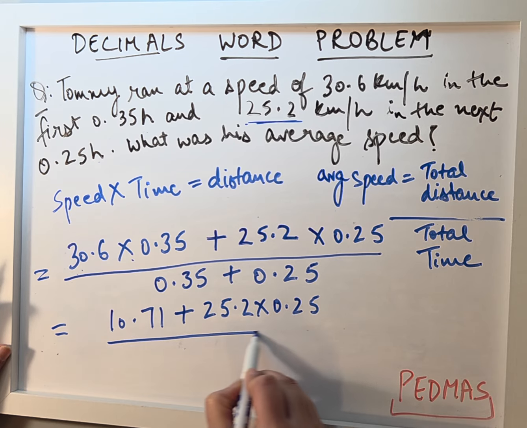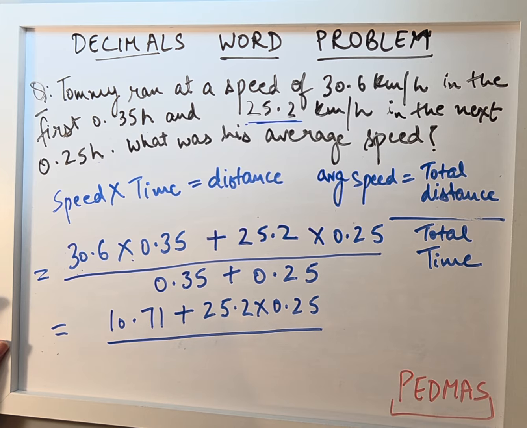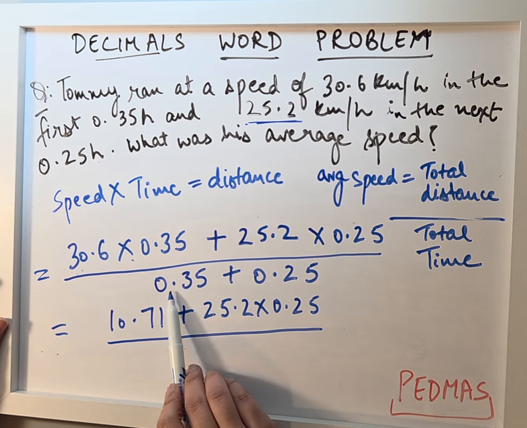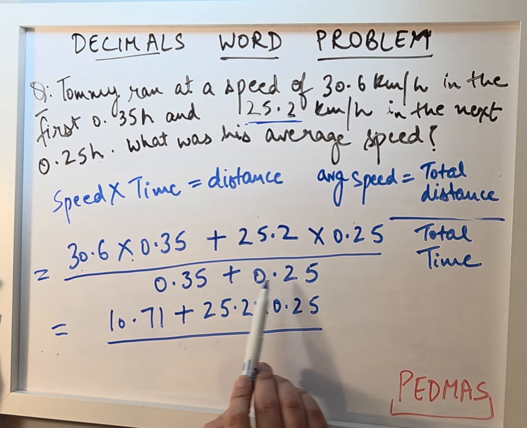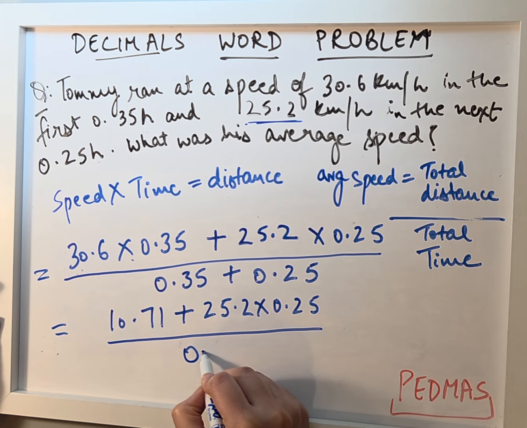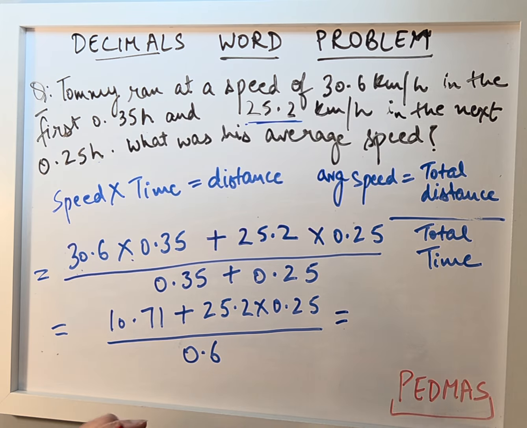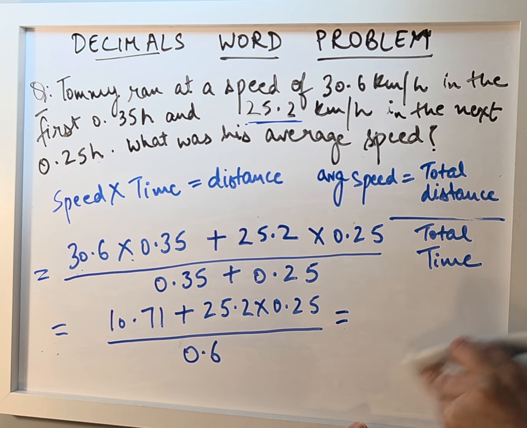And here in the denominator we just have one operation, that is simple addition. So 0.35 plus 0.25, how much do we get? We get 0.6.